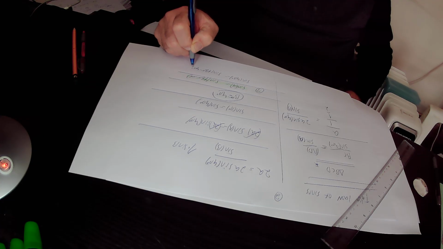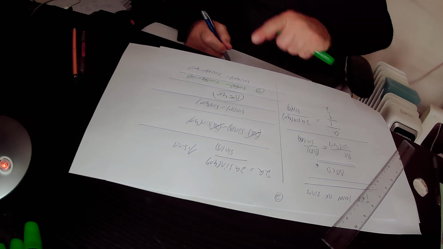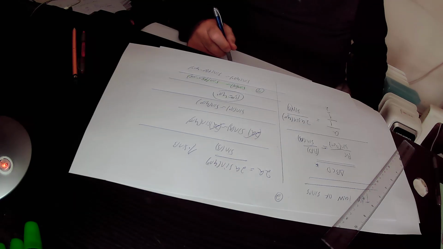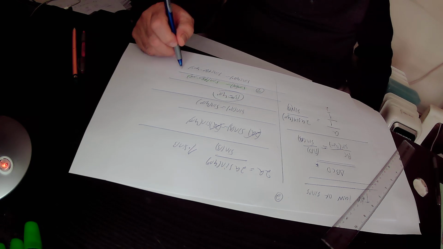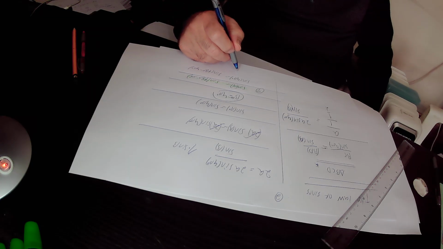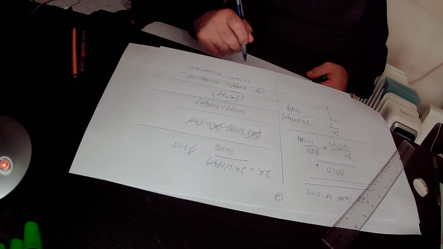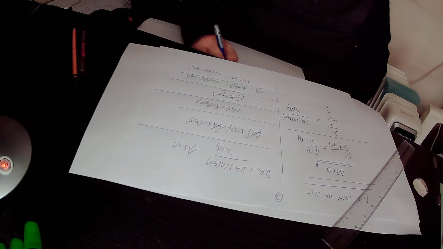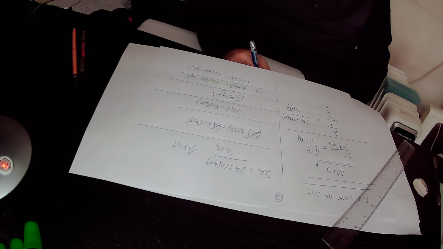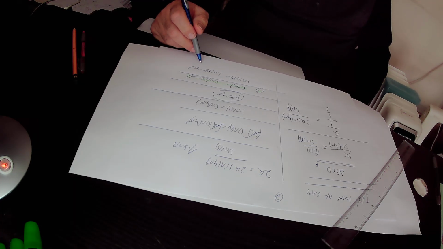But again, according to this trigonometric identity, sinus alpha equals sinus 180 degrees minus alpha, we get that sinus 40 degrees equals sinus 180 degrees minus 40 degrees, and 180 degrees minus 40 degrees is 140 degrees.